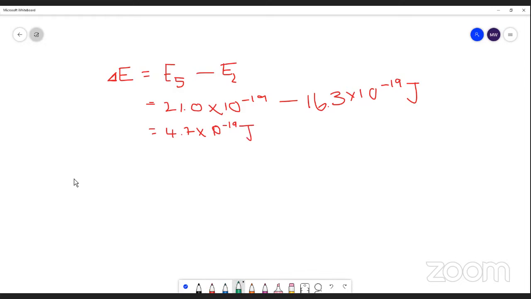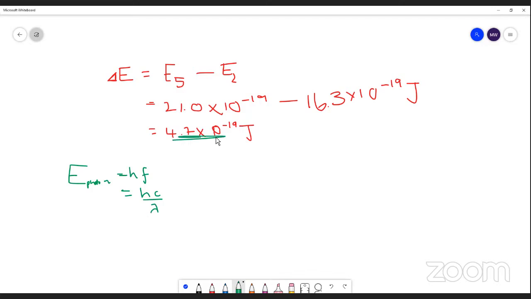Because we want to know what color is being emitted, we're going to use the energy of our photon is equal to h, and in this case, we don't have f, but we have c, and wavelength is what we're looking for.